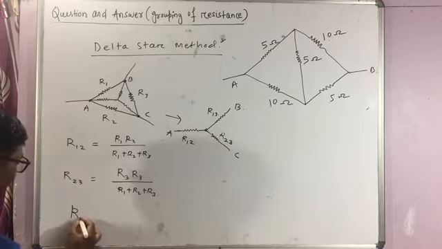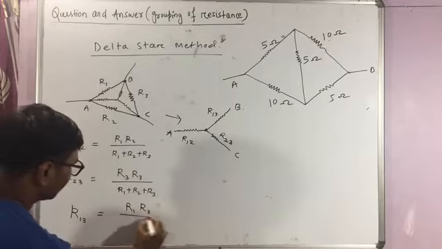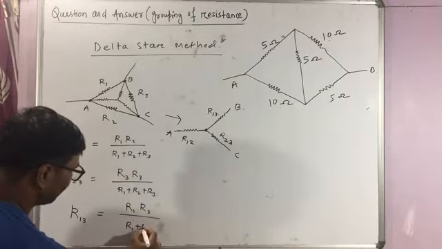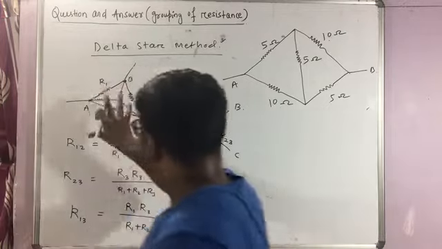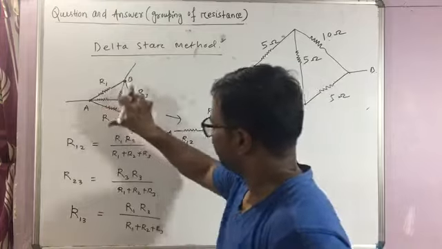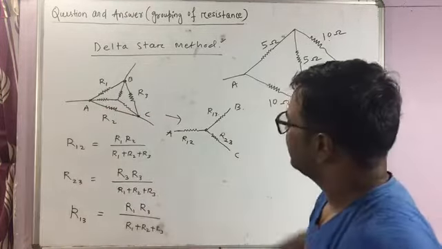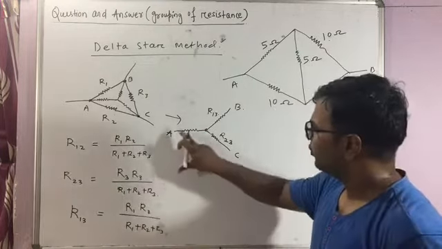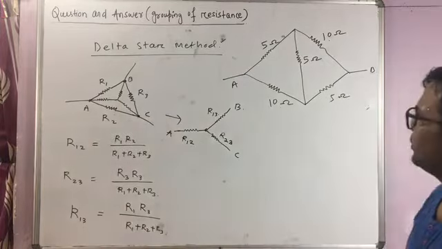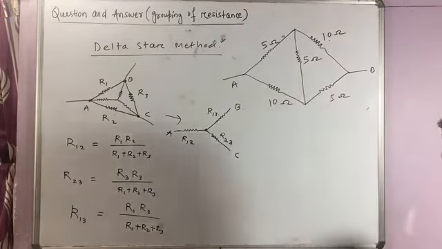Similarly, R13 would be R1 into R3 divided by R1 plus R2 plus R3. So once you replace the three resistances connected in a delta shape with a star shape, these are the resistances you are going to use. Based on this star delta method, we can solve this circuit.